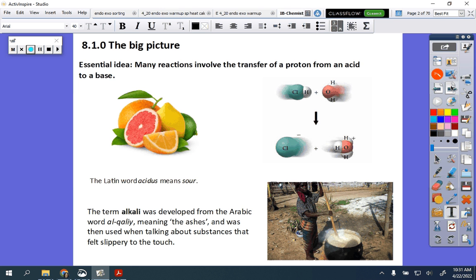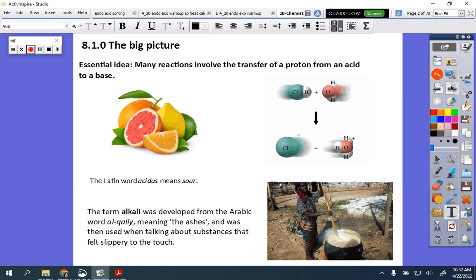It's just a proton in the nucleus. It doesn't have any neutrons. It doesn't have any electrons if it's positively charged. And so with a proton getting transferred from one substance to another, the thing that gives up the proton will be the acid, the thing that accepts the proton will be the base. And we'll show you that in a bunch of equations and things.